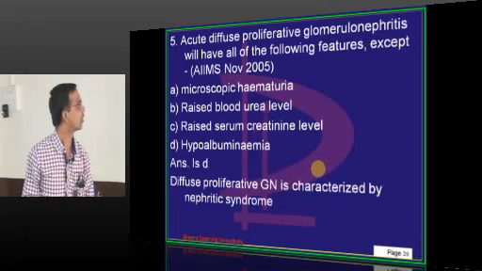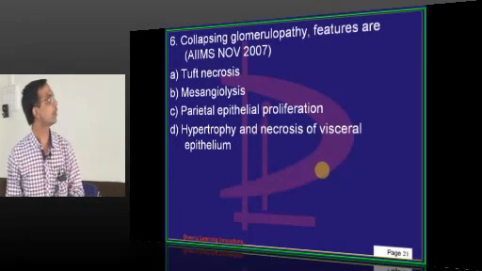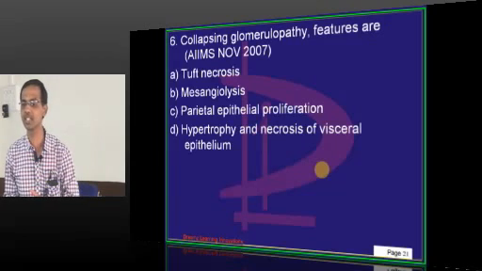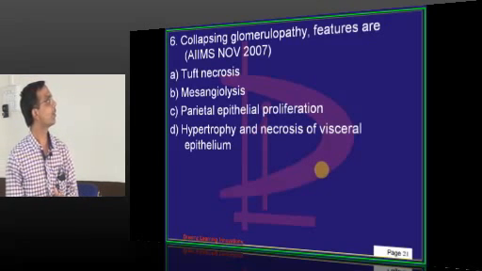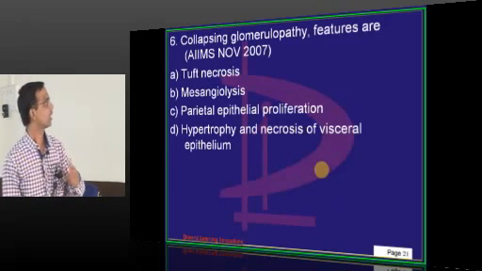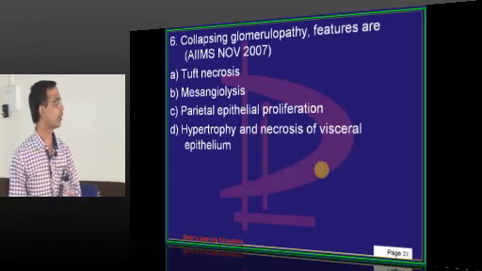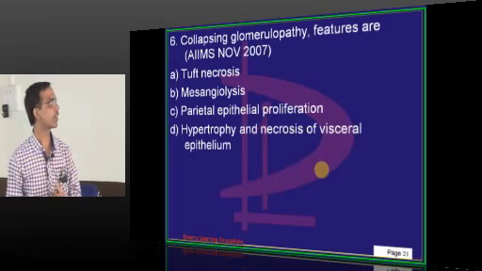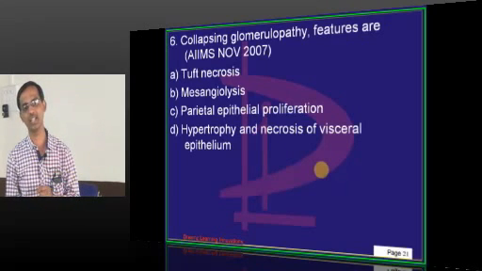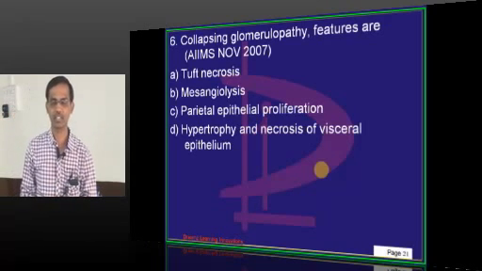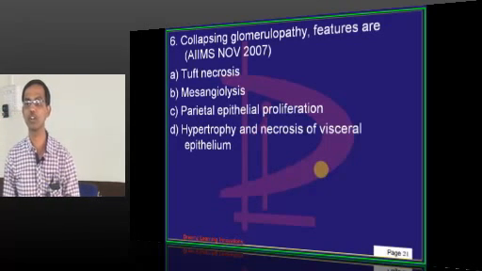Excellent. Okay, collapsing glomerulopathy, again a repeat MCQ from the same topic, but the question is slightly different. The features listed are tuft necrosis, mesangiolysis, parietal epithelial proliferation, hypertrophy and necrosis of the visceral epithelial cells. There is collapse of the tuft, but not because of necrosis.